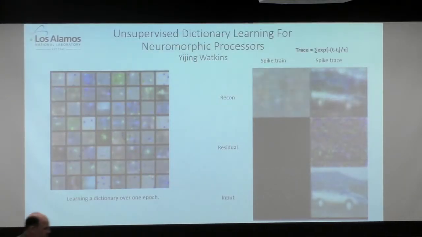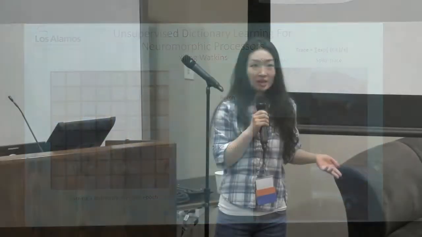Hi, my name is Yijing Watkins from Los Alamos National Laboratory. There are many ways to solve for sparse coding. The current Loihi architecture uses locally competitive algorithms, LCA for short, as its sparse solver, but it doesn't directly support online unsupervised dictionary learning.